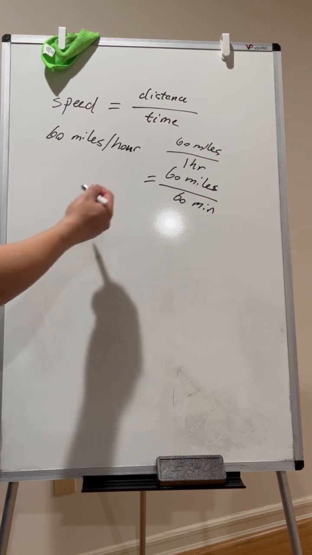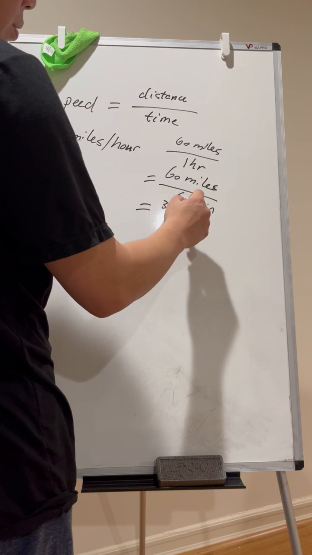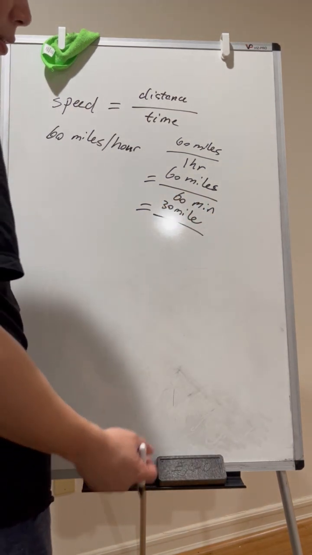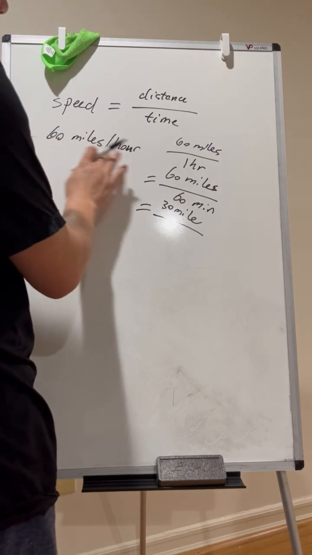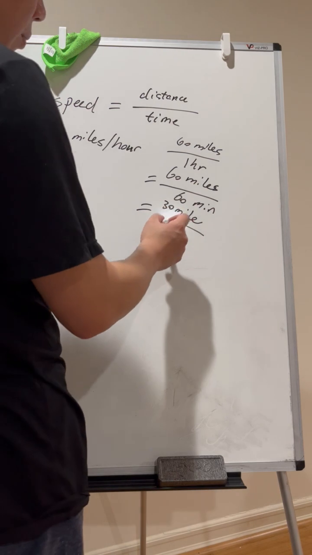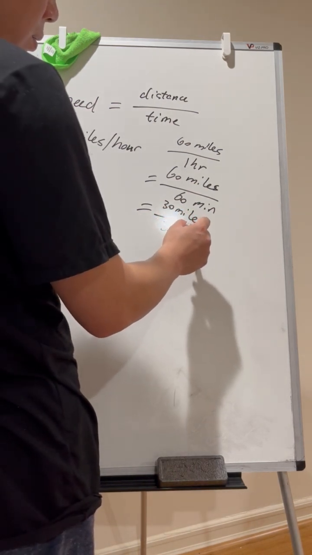For example, if I want to travel 30 miles, how long do I need? 30 minutes. Yes, because if I fix my speed, I'm driving at the same speed, 30 miles, it will just be 30 minutes, right?